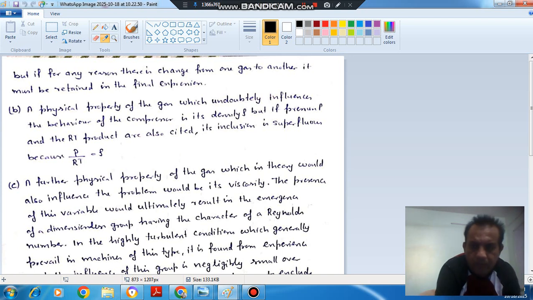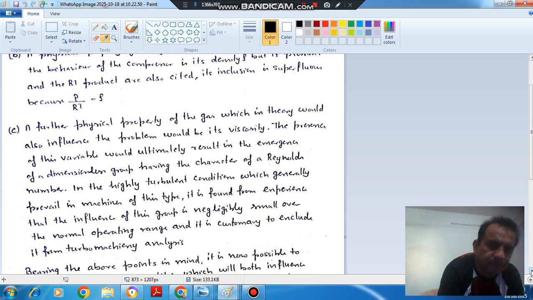Now the next point is viscosity. The third property of the working fluid is viscosity. And for this we take the Reynolds number. But in the case of a compressor, the flow is highly turbulent, so we can neglect the influence of viscosity. So this is the third point. A further physical property of gas which in theory would also influence the problem would be its viscosity.